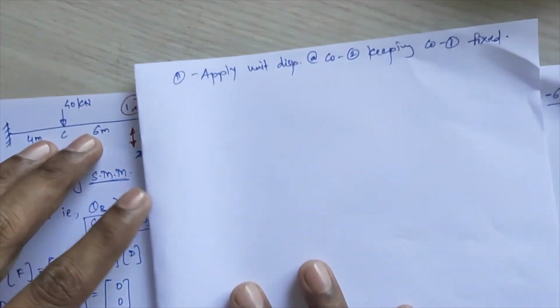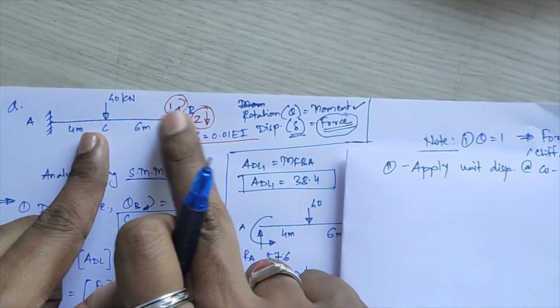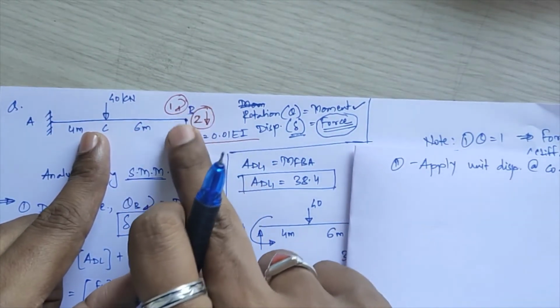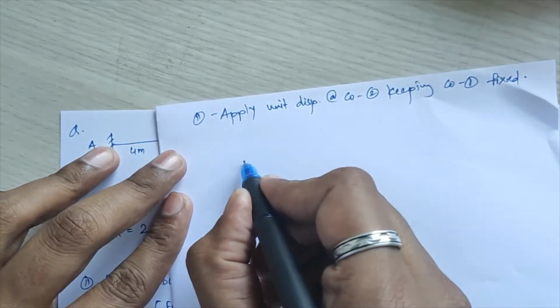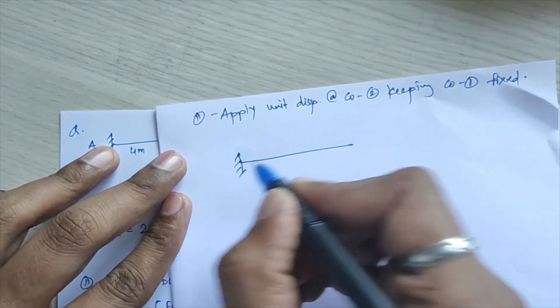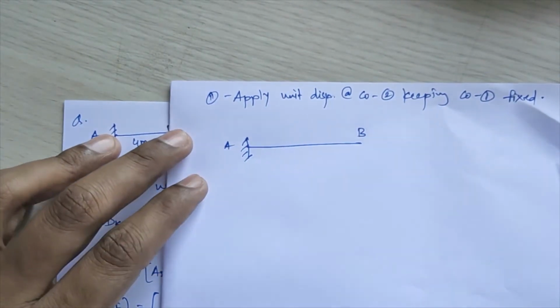That means now you have to fix the joint B for rotation, and allow the deflection here. So I will draw the diagram again. A is already fixed, and B will be free for delta value.